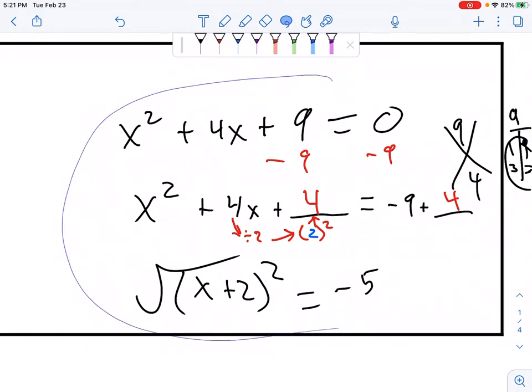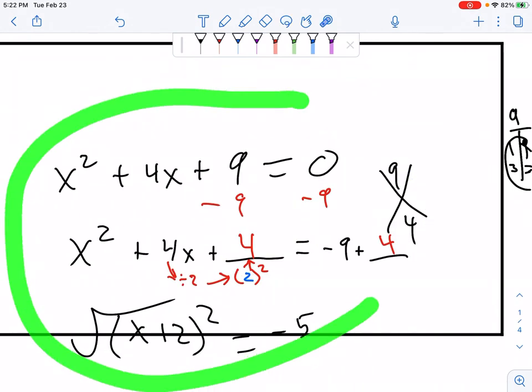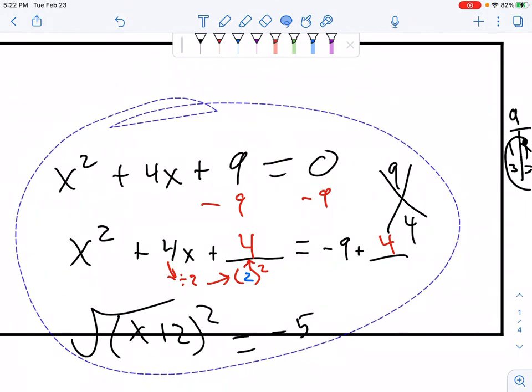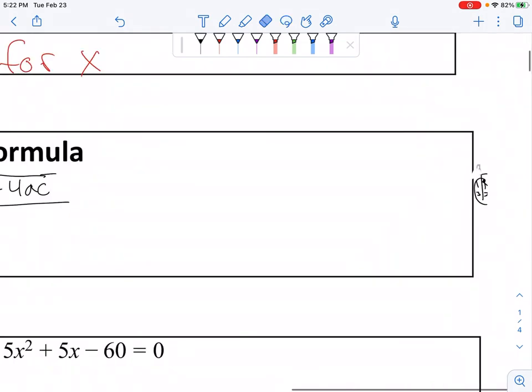Today's lesson: all of these ways have been shortcuts based on the patterns that exist that allow us to find the value of x. Now, sometimes none of those shortcuts work, and that's where the quadratic formula comes in.